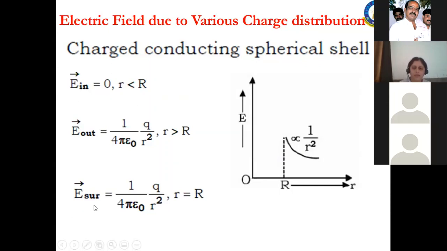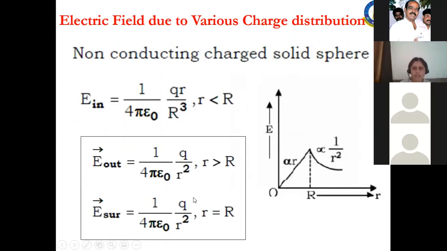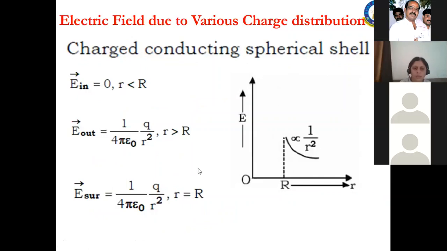Then on the surface, for r equal to capital R, that means the radius, E is equal to 1 by 4 pi epsilon naught Q by R square. And for any point outside the spherical shell, the formula is also 1 by 4 pi epsilon naught Q by r square. So on the surface as well as above the surface, the electric field formula remains the same.